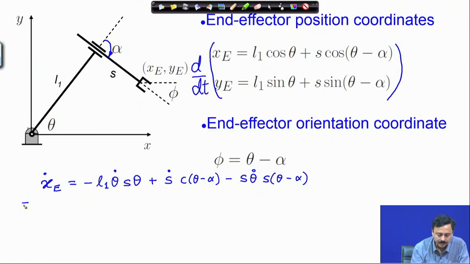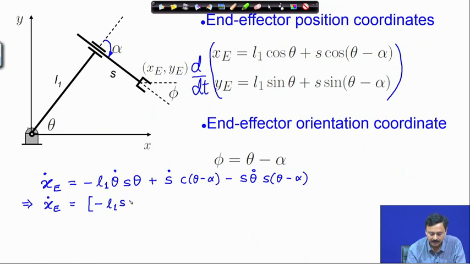I can simplify this further by collecting the terms containing theta dot.